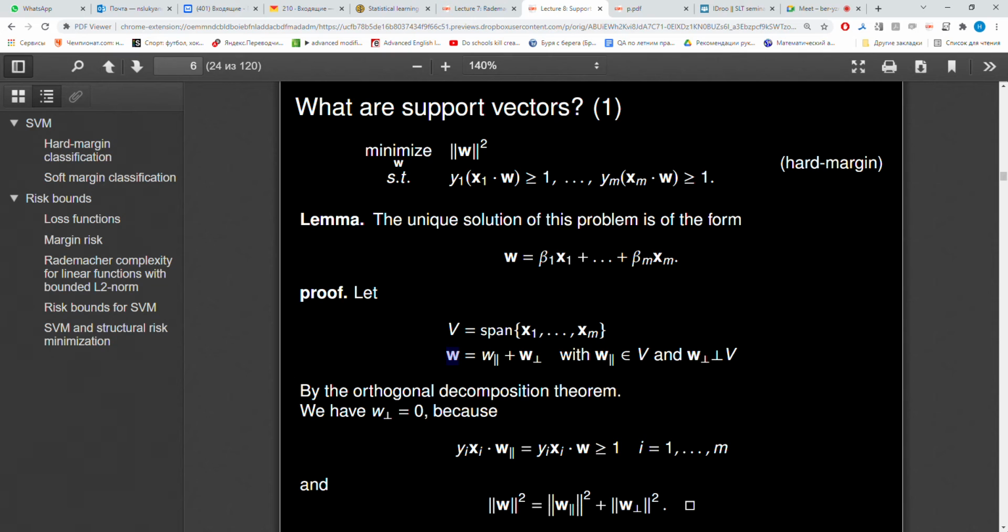If we have some part of W from the orthogonal complement, in this case it won't influence the inequalities because it will give us a sum of zeros. But at the same time, it will increase the square of the norm of vector w. So we can skip this orthogonal part of vector w, and we will only minimize the objective.